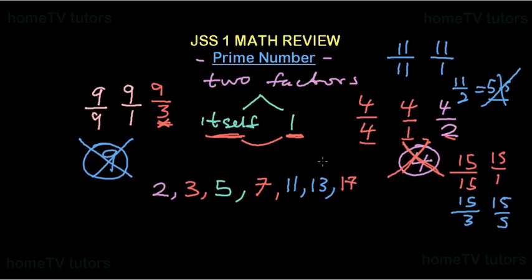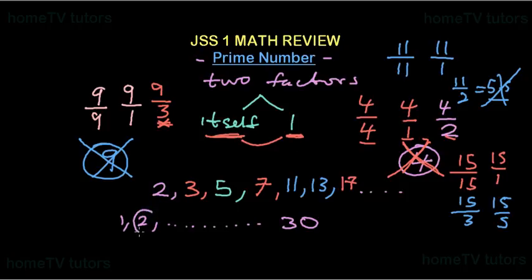So I'm going to leave it at this: write out the numbers 1 up to 30, then try to check out the numbers that are prime by finding out if each is only divisible by itself and 1.